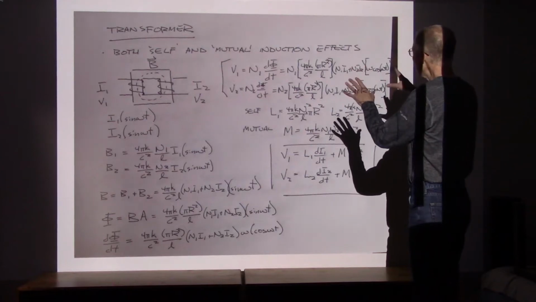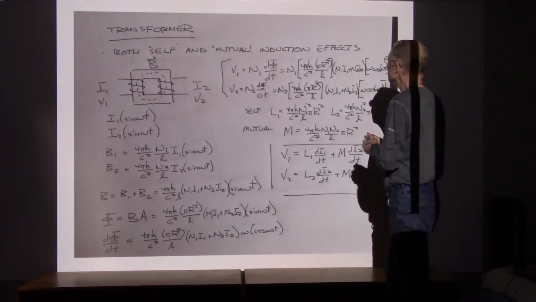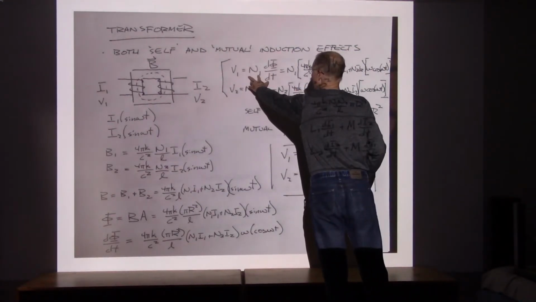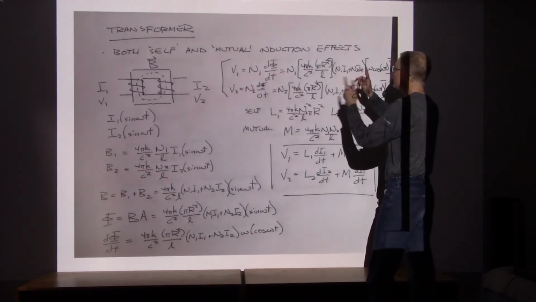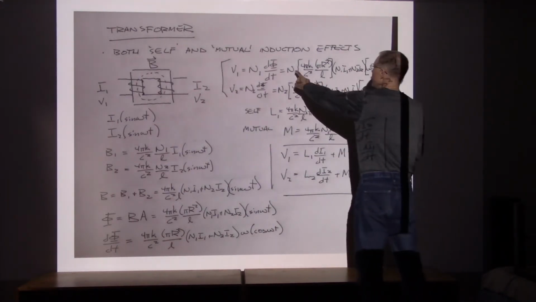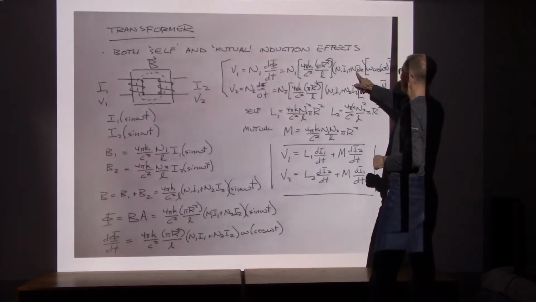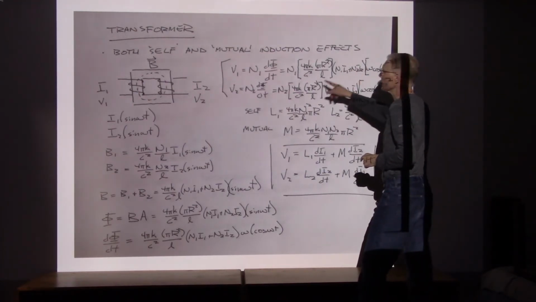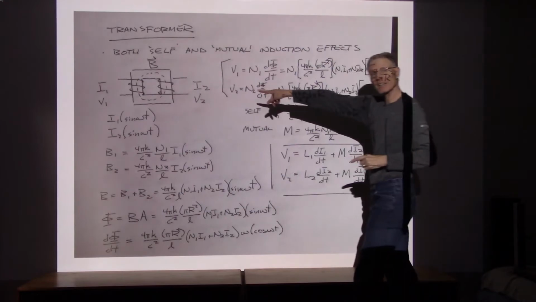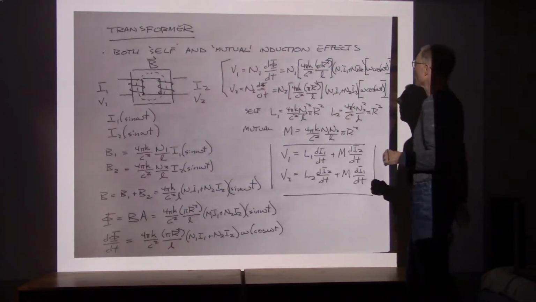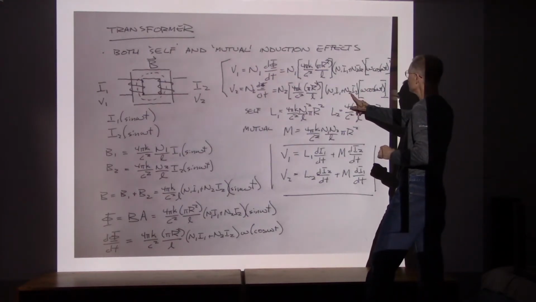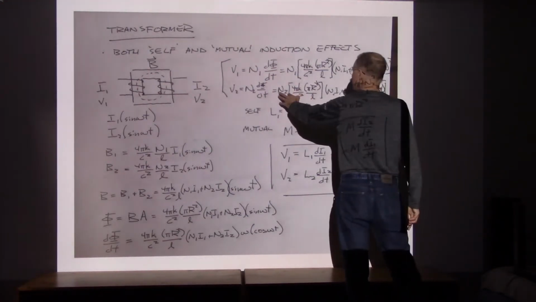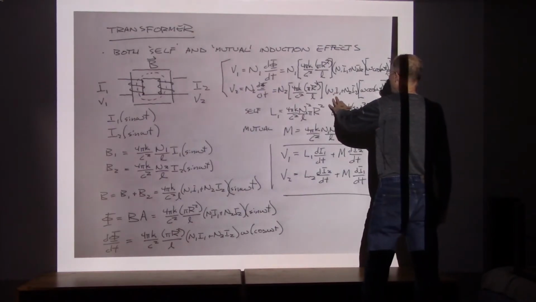But when I see what the voltages are, adding this factor of N1 here gives me a factor of N1 times N1, and then I'm getting a factor of N1 times N2. Similarly, when I look at the voltage on the secondary side of my transformer, I'm getting a factor of N2 times N2 times I2, and I'm getting a factor of N2 times N1.